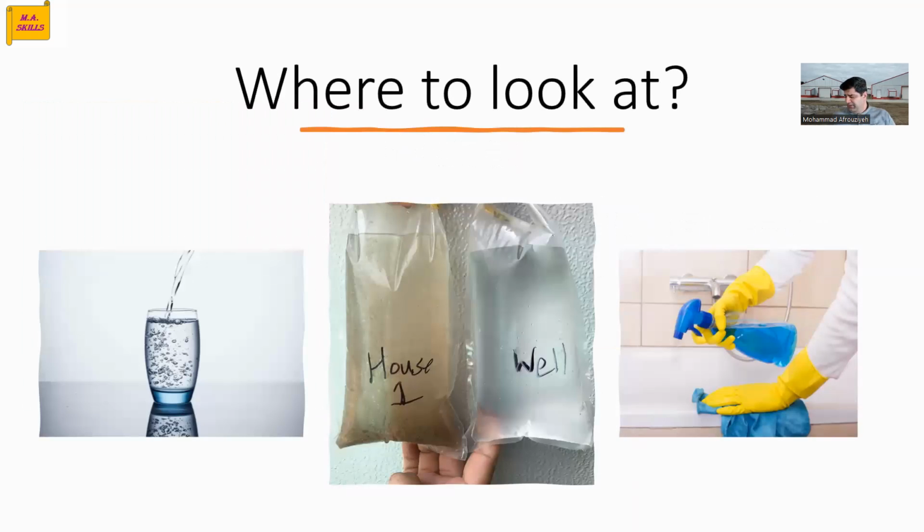So the first thing we need to know is where to look. If we are going to run an observational test, the first thing is to look at the water appearance.